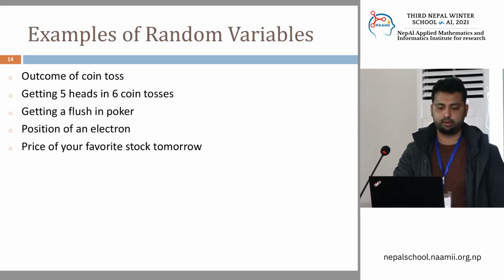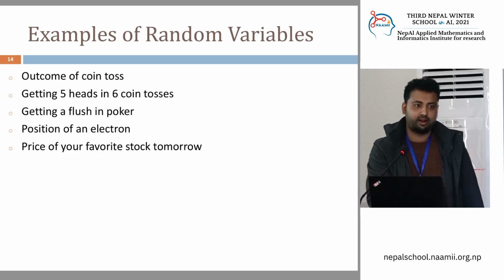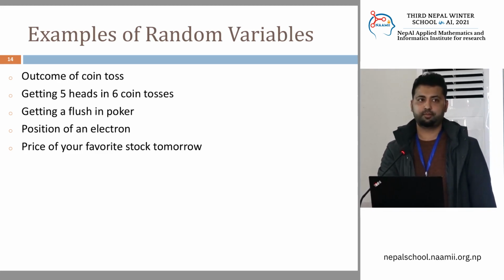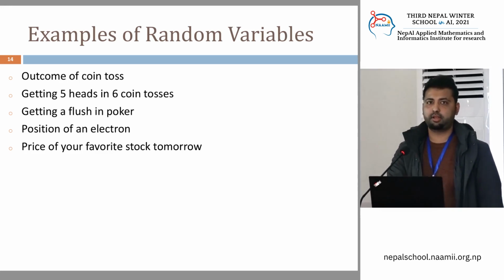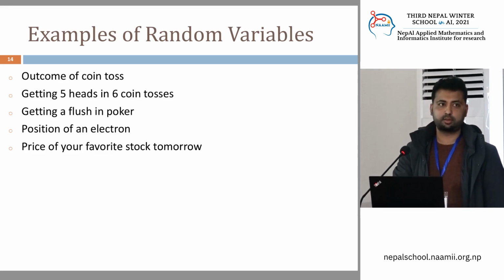It is a random variable. Price of stocks, for example: you might be interested in making some money, but the problem is you don't know which stock will go high tomorrow, and therefore it's a random variable, because if it were not, then we would all be very happy.